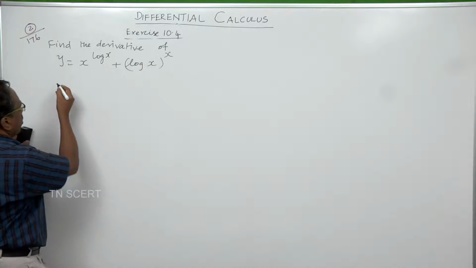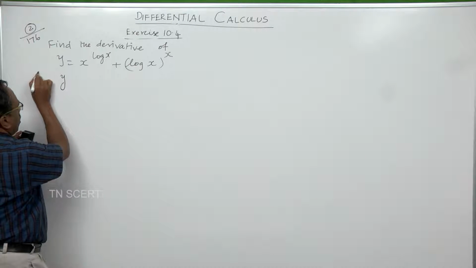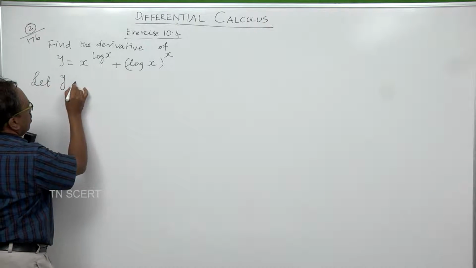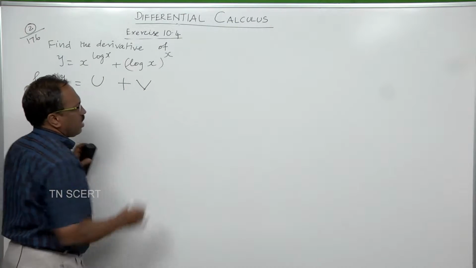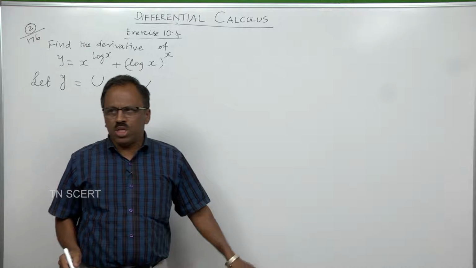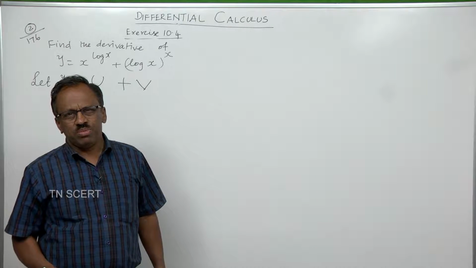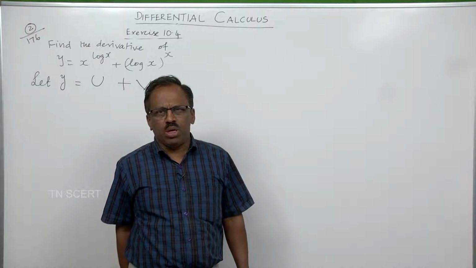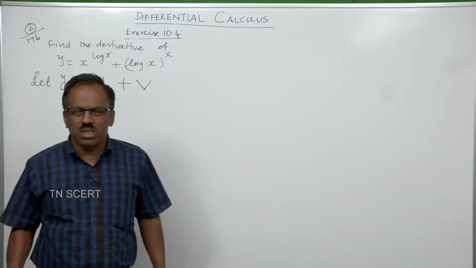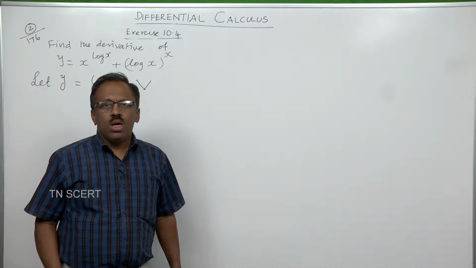What I am going to do: let y is equal to this, u plus v. Remember that, I would like to keep these as u and v. Why I have taken these as u and v is in order to make the sum simple.